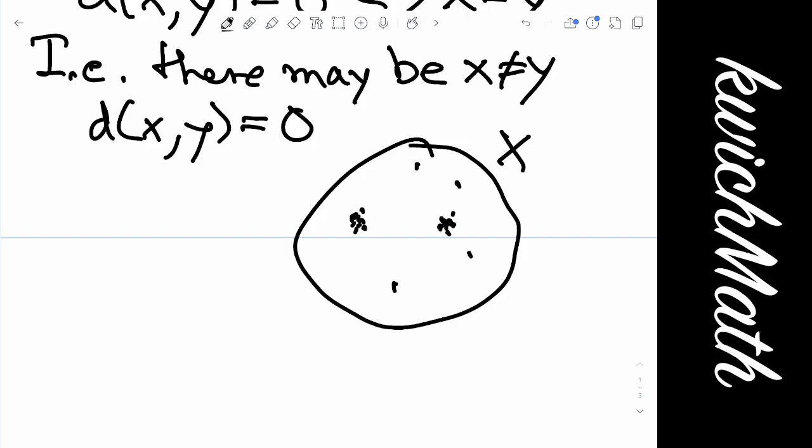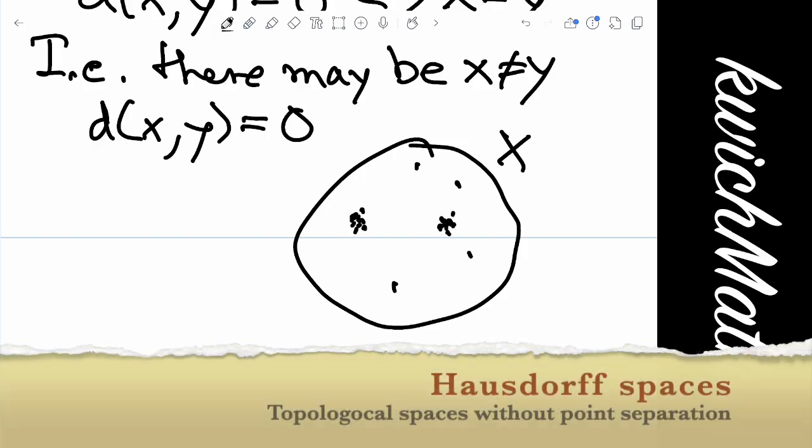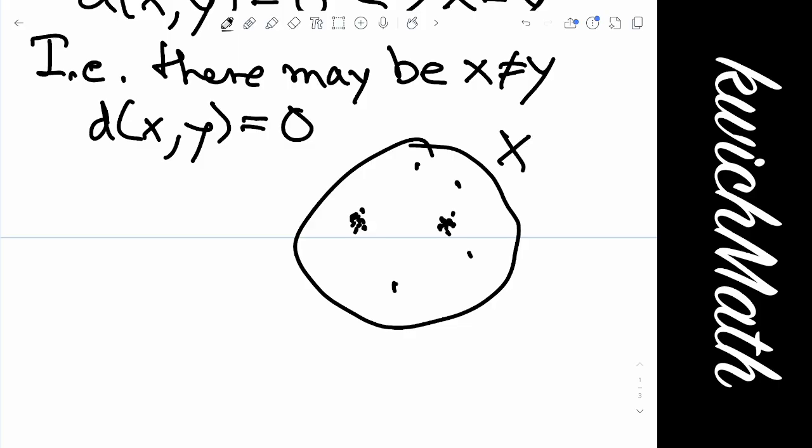So each of these clumps are kind of indistinguishable. They're kind of the same point. If you're familiar with topological spaces, this is kind of the metric version of not being Hausdorff. If you don't know about topological spaces, just forget about that.